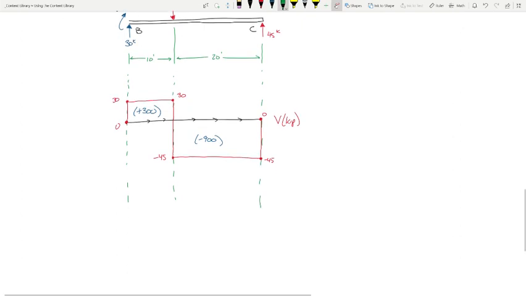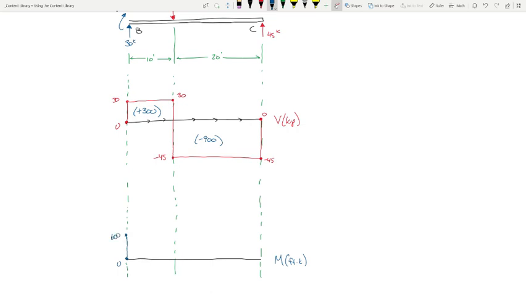So when I construct my moment diagram, I'm going to jump up 600, linear increase to 900, and then a sudden decrease to 0.